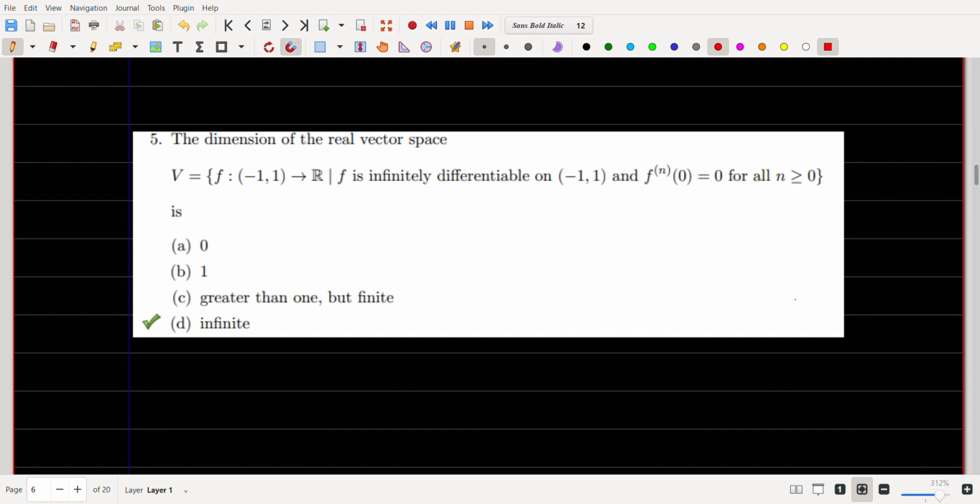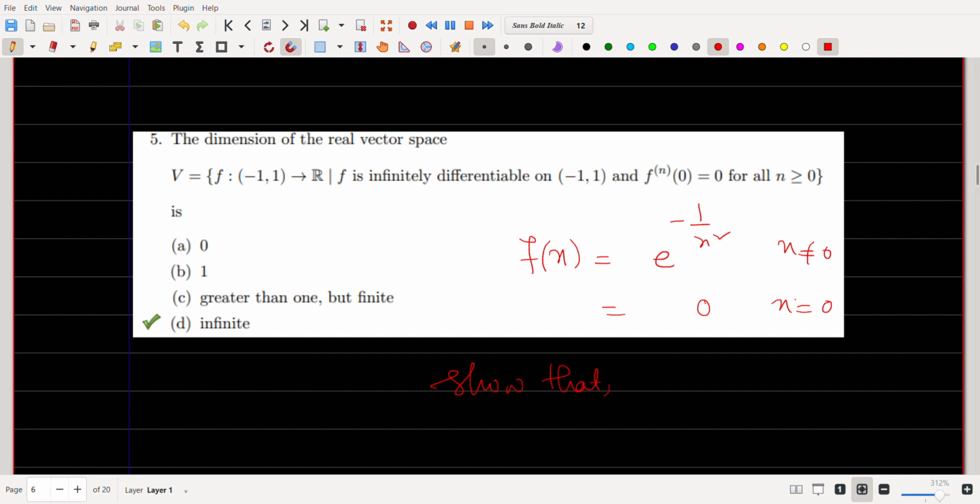Say f(x) equals e to the power minus 1 by x squared for x not equal to 0, and 0 for x equal to 0.